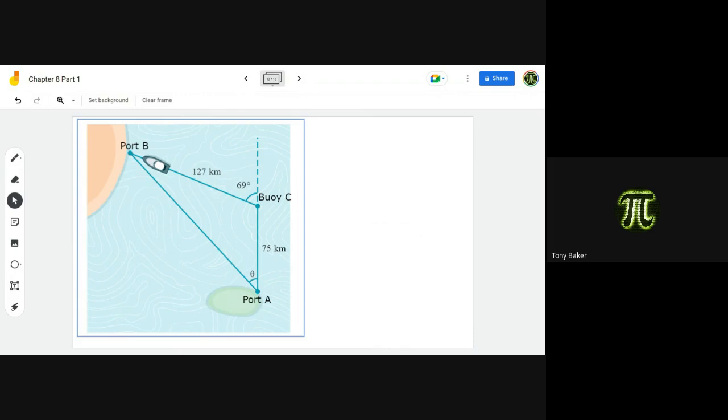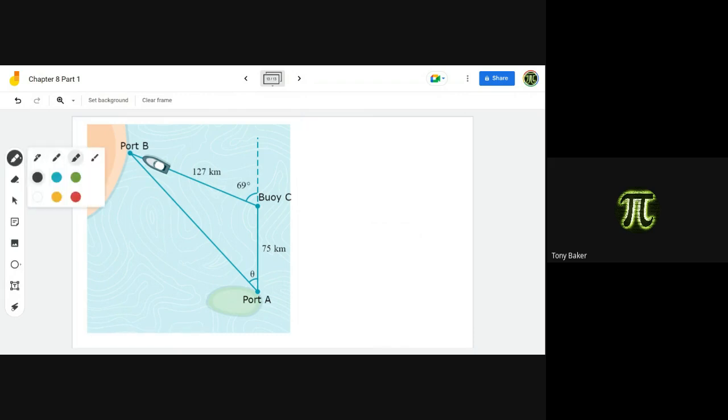All right. The boat travels from port A to port B, following this path. If it wanted to go directly there, what angle should it have gone at?